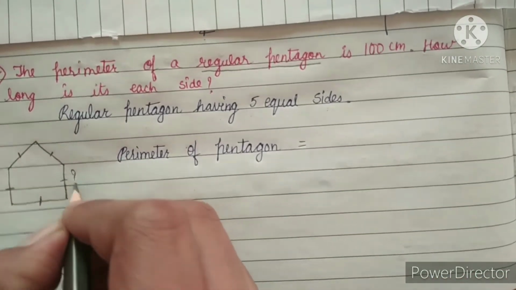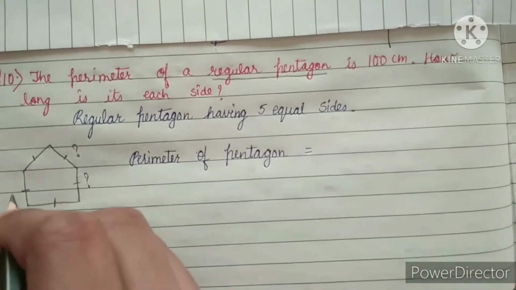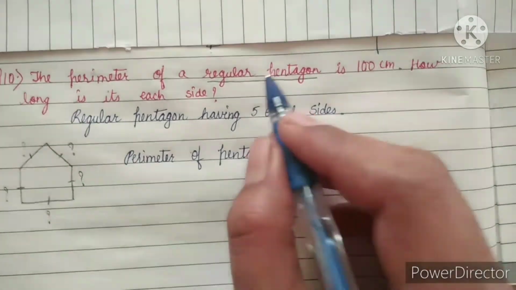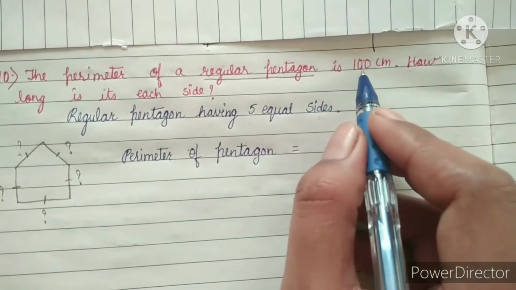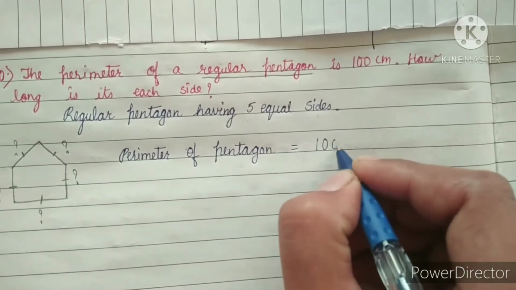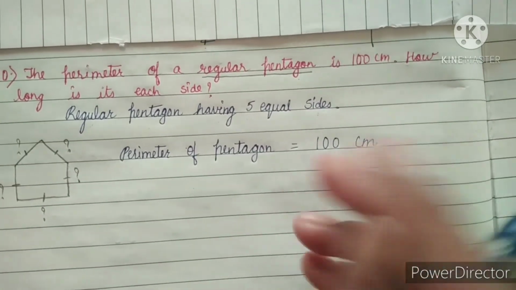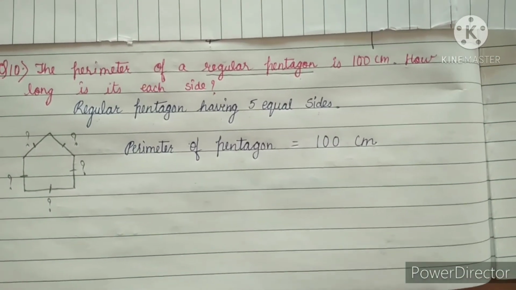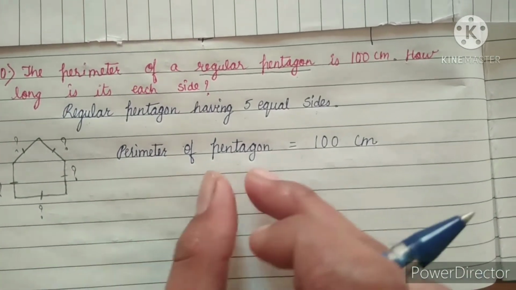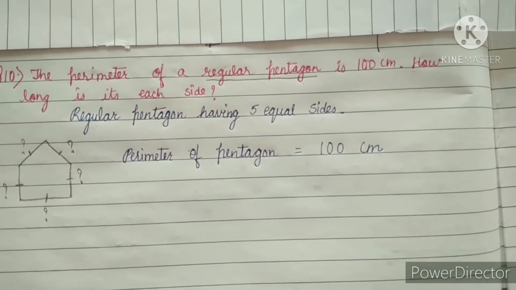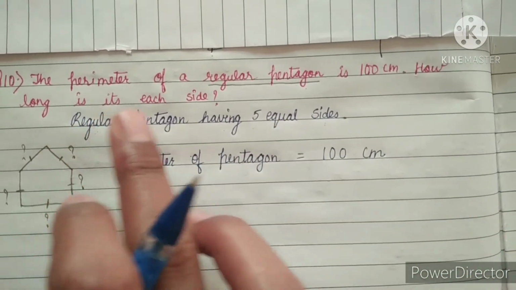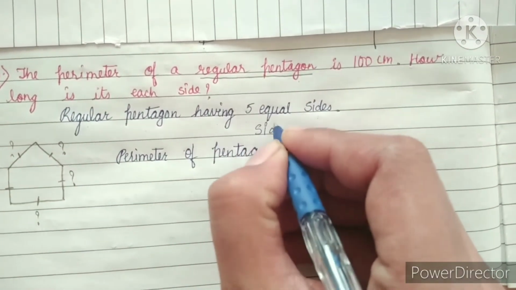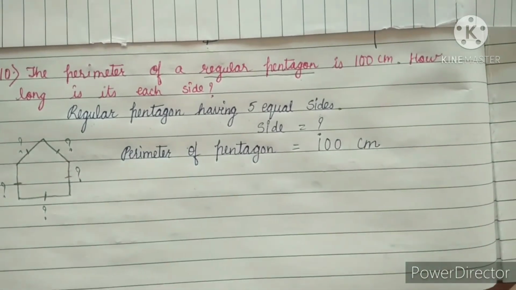But here we don't have the side measurement. What we have is the perimeter of the regular pentagon, 100 centimeter. Directly the perimeter is given, like in the previous question. How long is each side? We have to find the side of the pentagon.